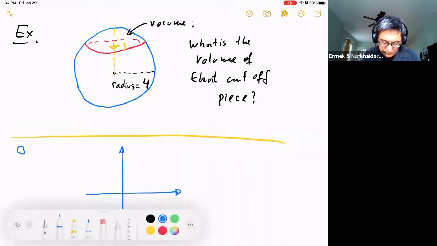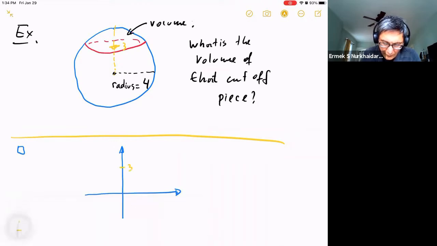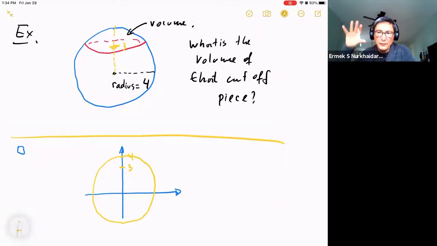And 3 somewhere here, 4 somewhere here. So we have a trace, the image, the shadow of the sphere on the XY plane.